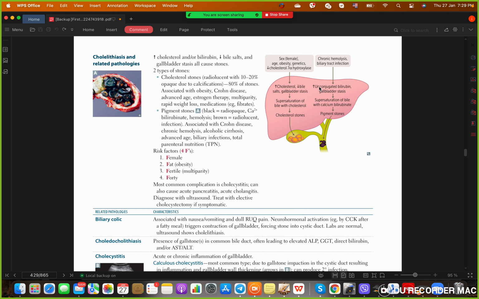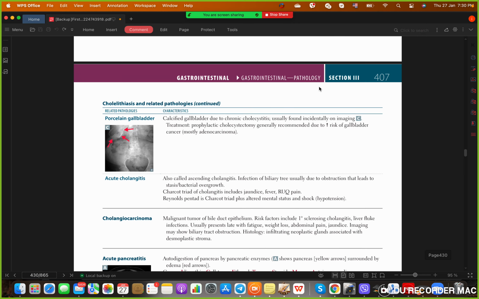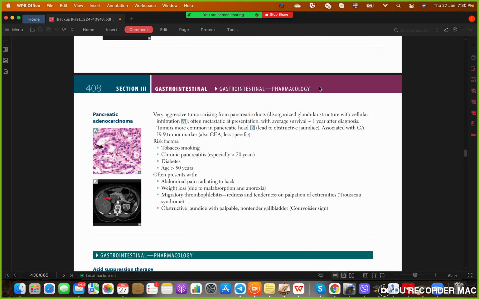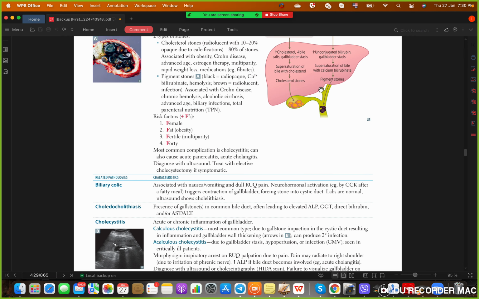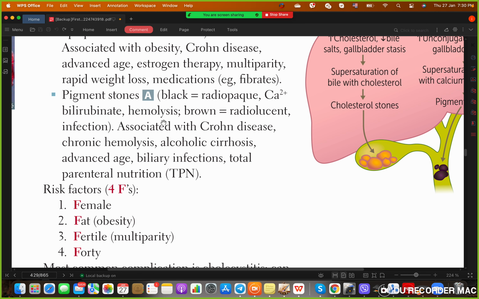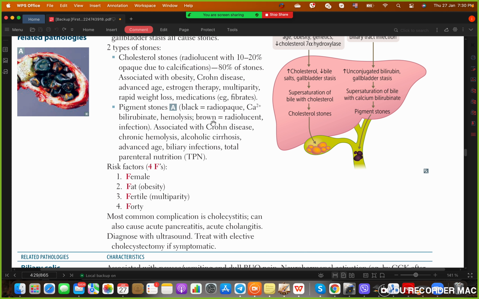G6PD, good. What else? I hope you are thinking spherocytosis, thalassemia, G6PD, all of this stuff, all of the hemolytic disease, absolutely. So hemolysis, so far we have the black stones, this because of the hemolysis.